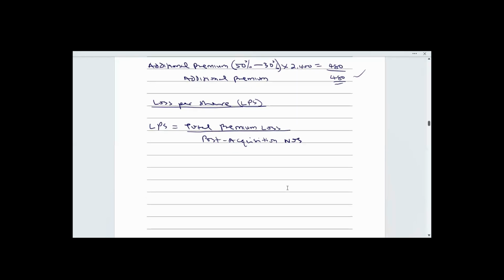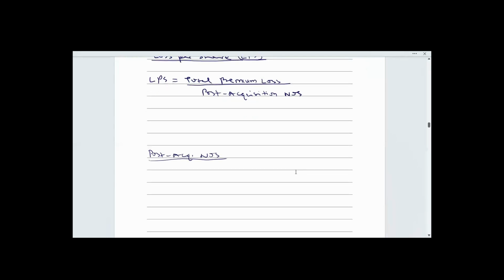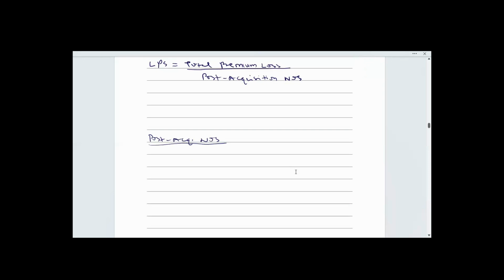However, this post-acquisition number of shares, we don't have it. Therefore, you need to go and do your working for that. Let me give a small space. Therefore, I would then say post-acquisition number of shares. How do I get that? To get the post-acquisition number of shares, I will have to take the number of shares of EP.